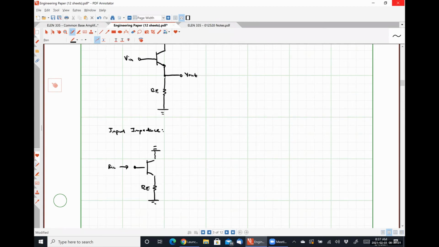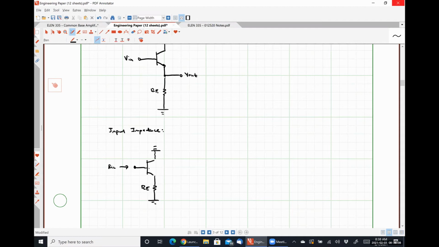E. And I believe, you guys can tell me if I'm wrong here, it looks very similar to a common emitter amplifier with emitter degeneration, where RC is a short circuit, right? Because we're connecting our collector directly to ground.